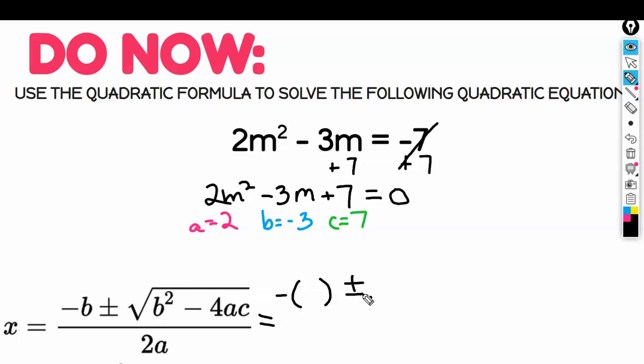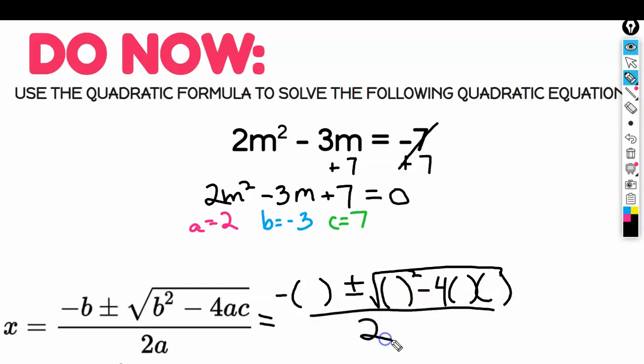So negative parentheses plus or minus the square root of parentheses squared minus 4 parentheses parentheses, all over 2 parentheses, right? And inside of those parentheses, I am putting the numbers of the letters that those parentheses are replacing.